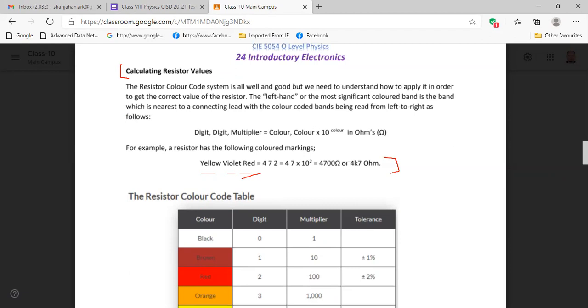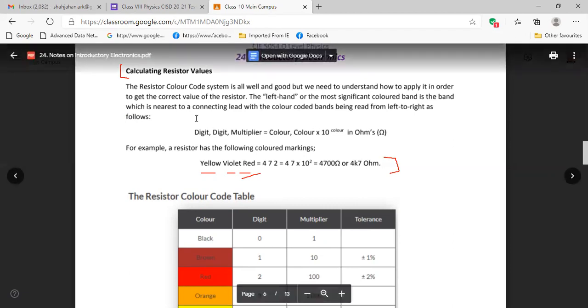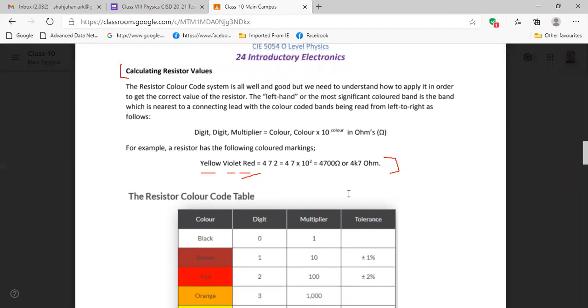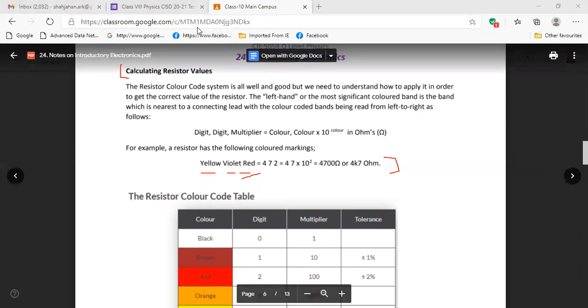Now I am giving you 3 colors. One is brown, another one is orange, another one is green. So I am writing brown. You will tell me the number, and tell me what the resistance is. Brown, I will give you, it is 1.